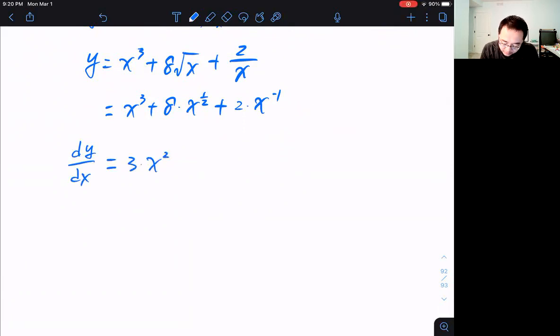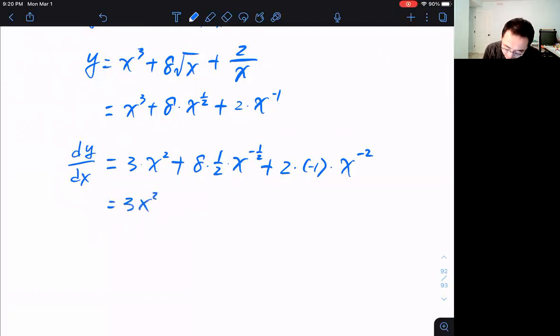You bring down the power and then minus 1 out of the power, plus 8 times 1/2 times x to the negative 1/2, because 1/2 minus 1 is negative 1/2, plus 2 times negative 1 times x raised to the negative second power. So this equals 3x squared plus 4x to the negative 1/2 minus 2 times x to the negative 2.